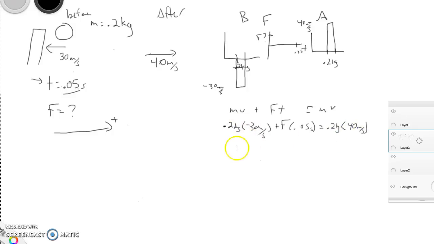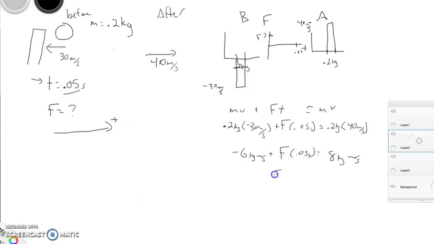So we multiply these and we get 0.2 times -30 would be -6 kilogram meters per second. And then on the other side, 0.2 times 40 is going to give us 8 kilogram meters per second.